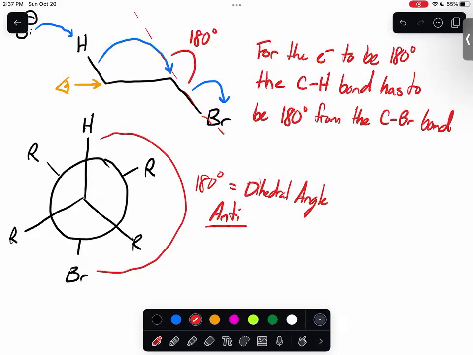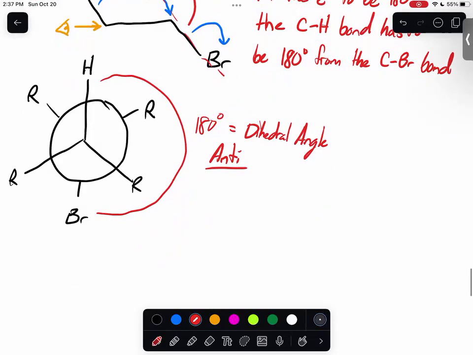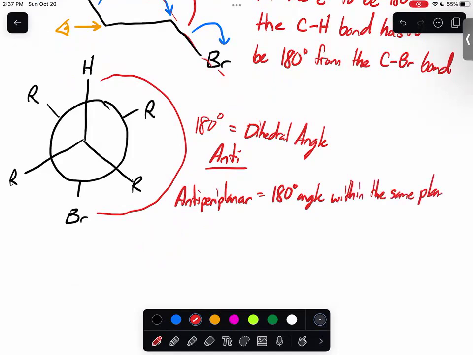We talked about the anti form being the one in which the largest groups were 180 degrees from one another. In this case, we're saying the hydrogen has to be anti to the bromine. And this actually has a name in terms of when we're talking about E2, and it is called anti-periplanar, which essentially says that you need to have the things 180 degrees for their angle within the same plane. So whenever you hear anti-periplanar, you want to think the dihedral angle is 180 degrees.